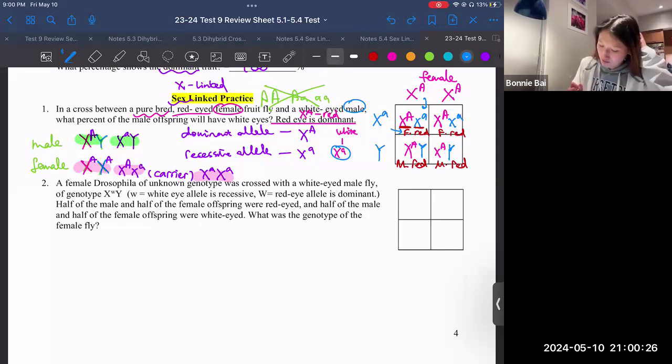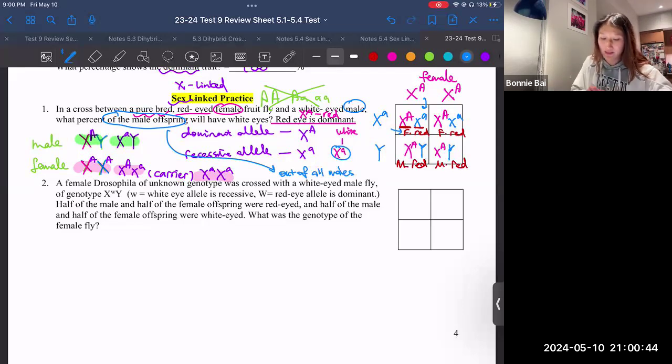All right, what does the question say? What percentage of the male offspring will have white eyes? So for this question, since it says of the male offspring, it means out of all males. Okay, so we're just looking at the male boxes, just these two boxes.